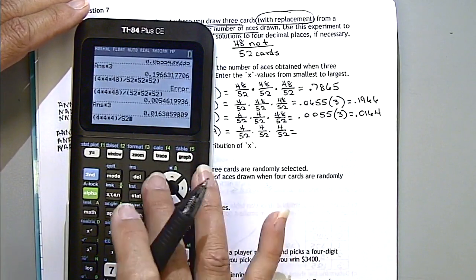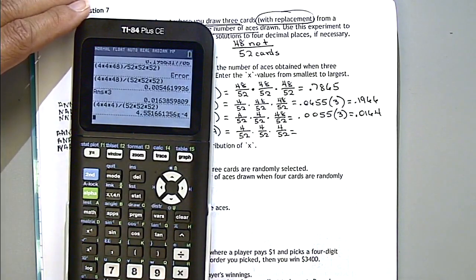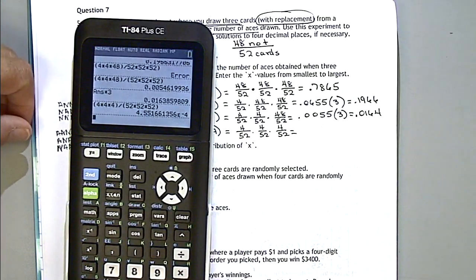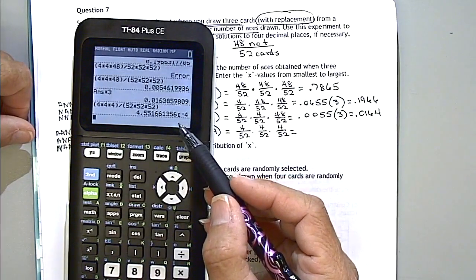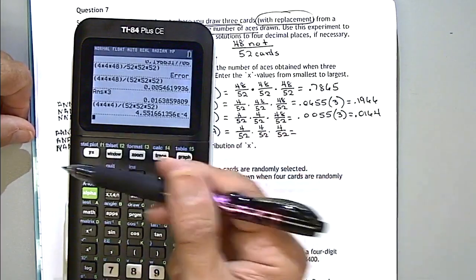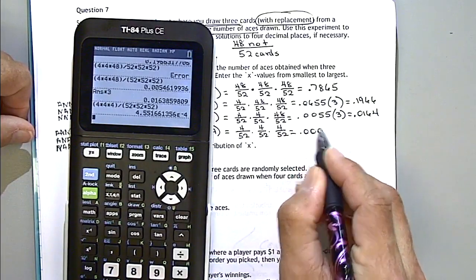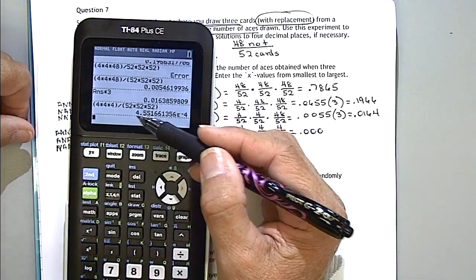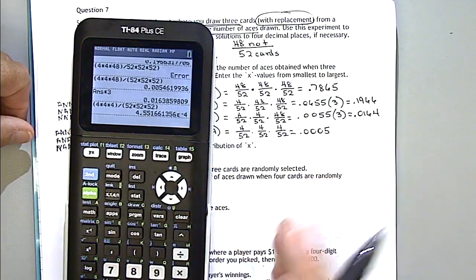Whoops, there I did it again. 52 times 52 times 52, close parentheses. And there, do you know how to read that? What is that? It says take this exponent, or take the decimal and go in a negative direction 4 places. Well, that means I'm going to have 0.000, and then I would have a 4, but I'm rounding to the 4th decimal place, so I'm going to round it to a 5. Okay?